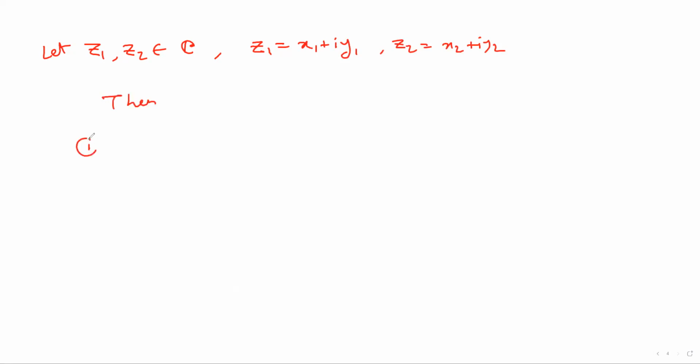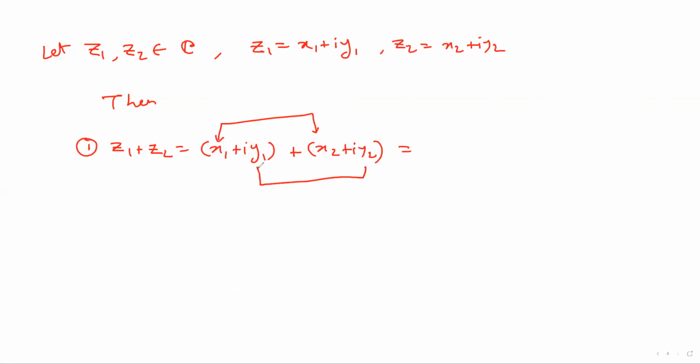Then we can define the addition like this. Initially, it's x1 plus iy1 and x2 plus iy2. But what we can do is add the real parts and the imaginary parts separately to get x1 plus x2 plus i times y1 plus y2.